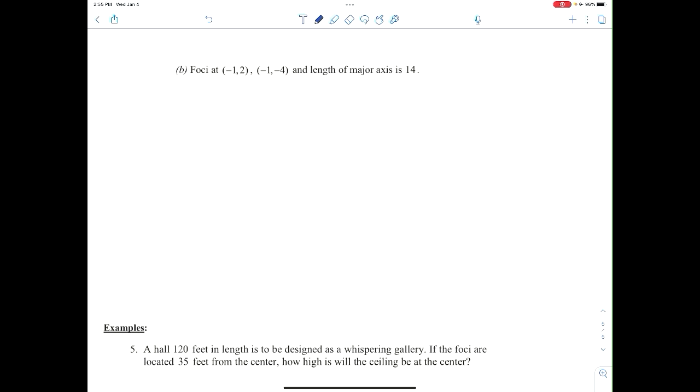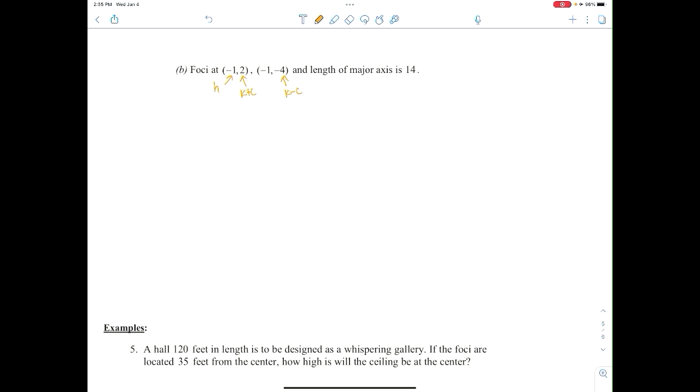Next up, our foci are (-1, 2) and (-1, -4), and the length of the major axis is 14. So again, let's label some things. This is our h. This is our k plus c, and I'm going to put this one as the k minus c because it is smaller.